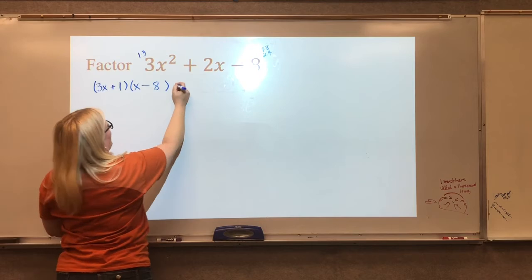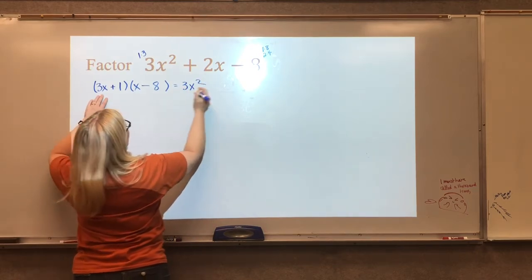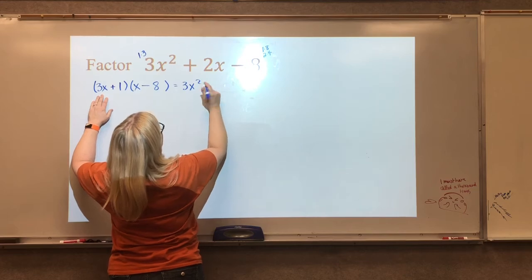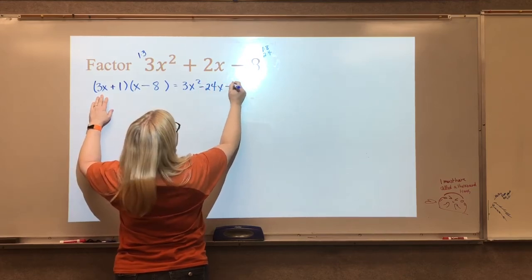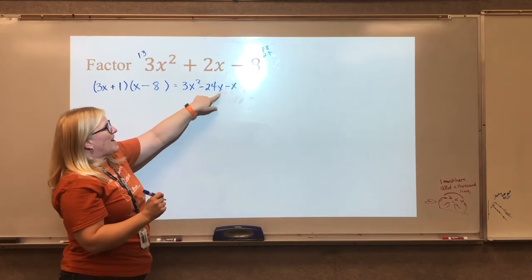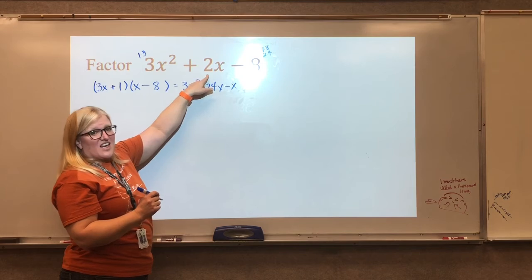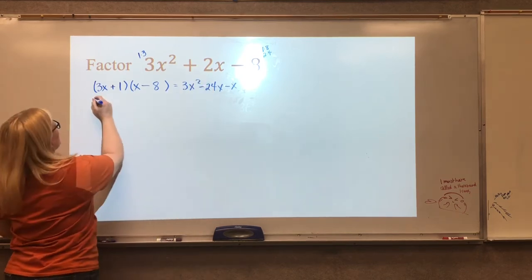I'm going to FOIL that. So I have 3x squared minus 24x minus x. Okay, I can stop, because in here I'm going to have negative 25x, and that's not anywhere near what this is. So let's try flip-flopping them.